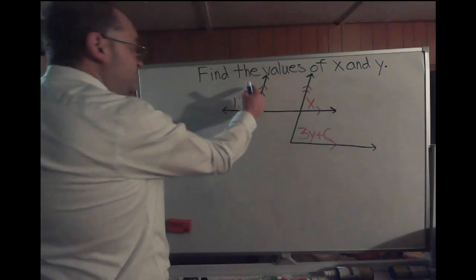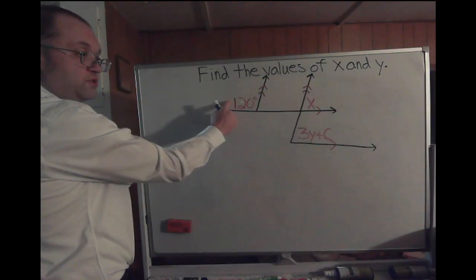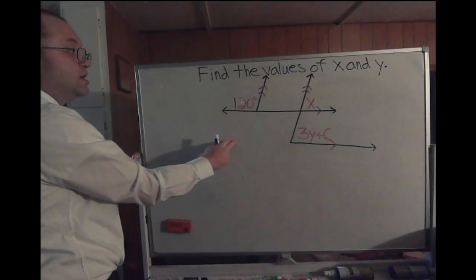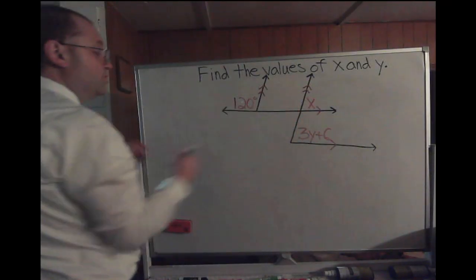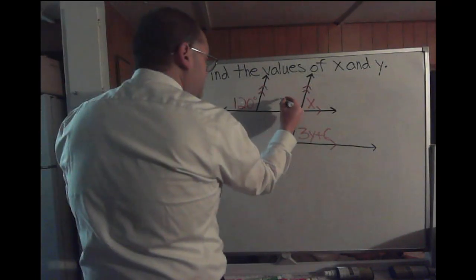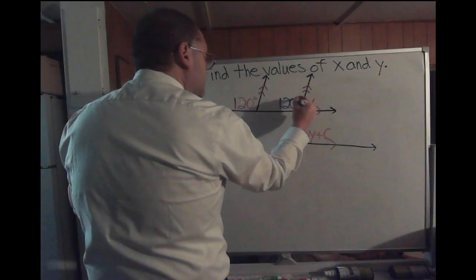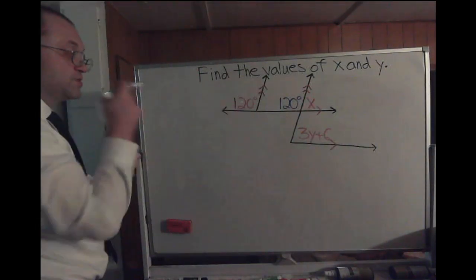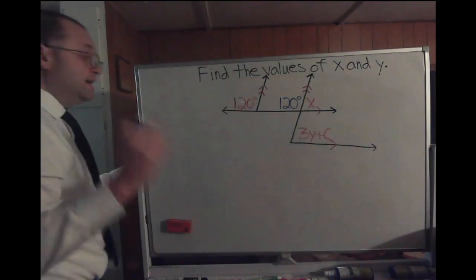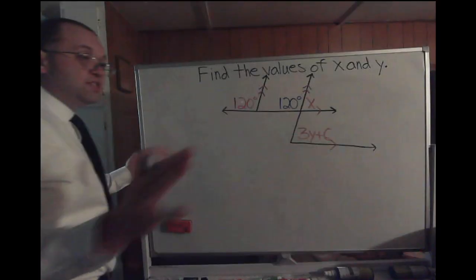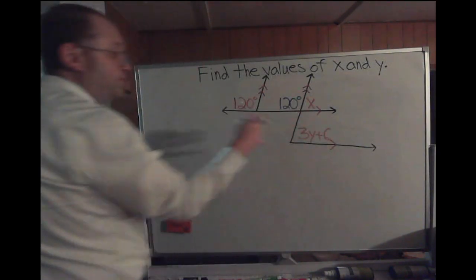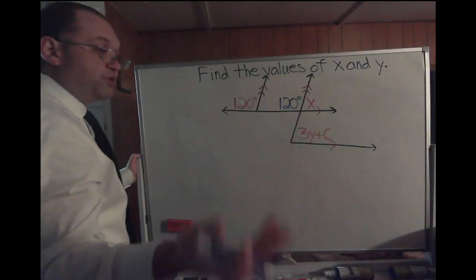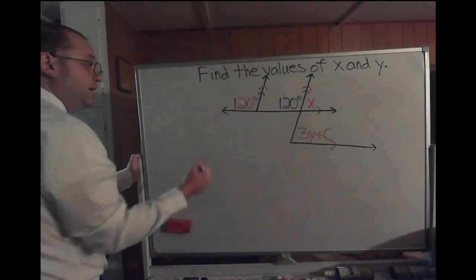We know to the left side of this parallel line, this is a 120 degree angle, right? Well, since these two lines are parallel, you have a corresponding angle here. That corresponding angle would also be 120 degrees since corresponding angles are congruent. Now we have a path forward to at least solve for x. If we look at 120 and x, if we put those two angles together, I think it's pretty clear they'll equal 180, right?